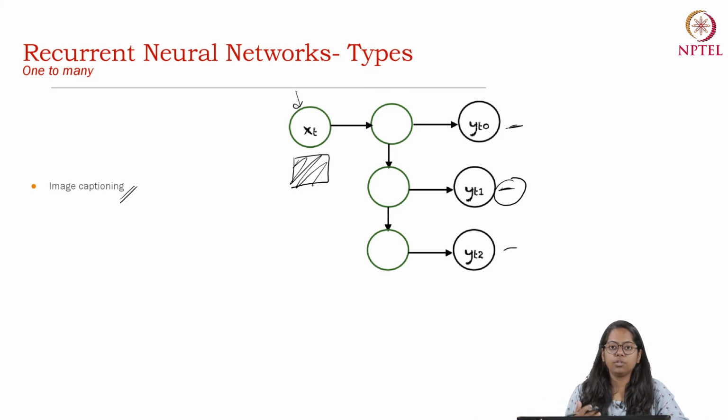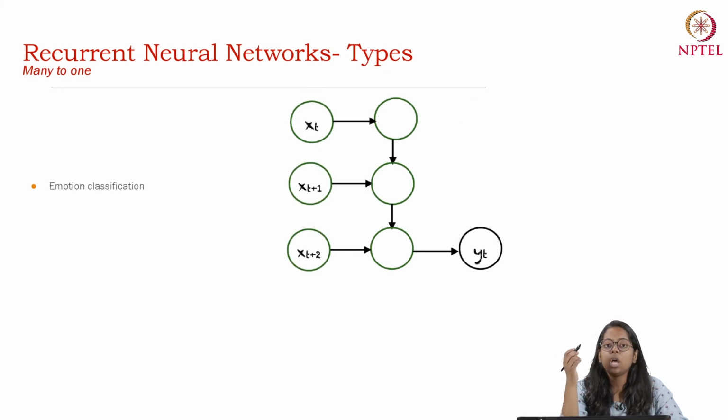So in order for the caption to be coherent, each word at the tth timestamp that is being generated must be aware of all the words that are already generated from the t0 to t-1th timestamp. Correct? So in such a scenario, we can use a one-to-many kind of structure.